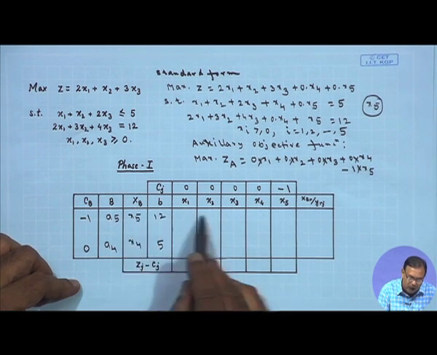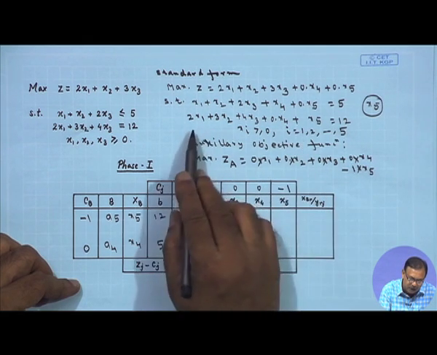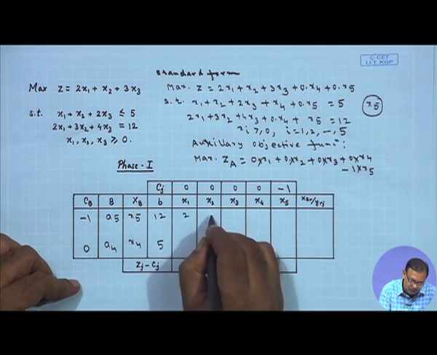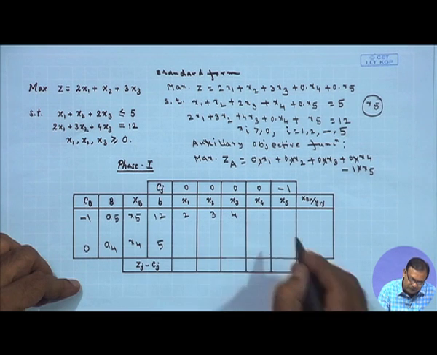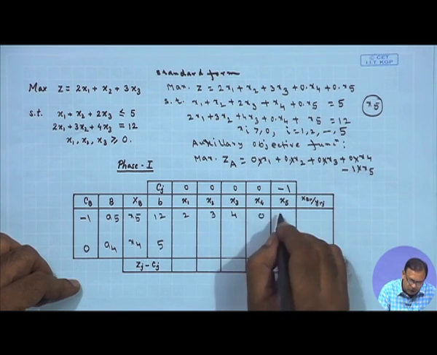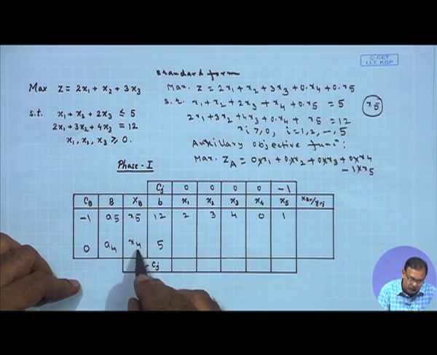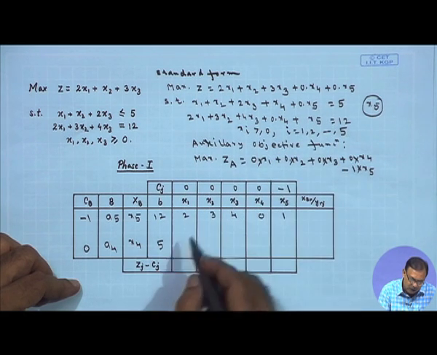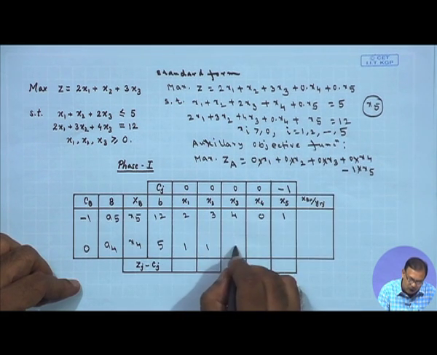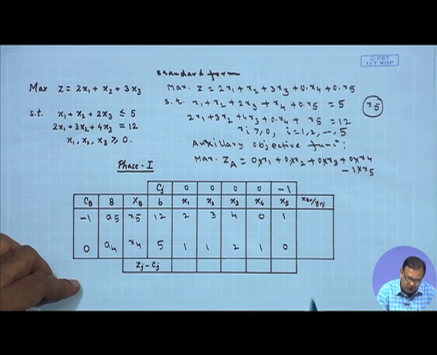Corresponding to x5 you write this one, that is 2, 3, 4, 0, 1, and corresponding to x4 it is 1, 1, 2, 1, 0.